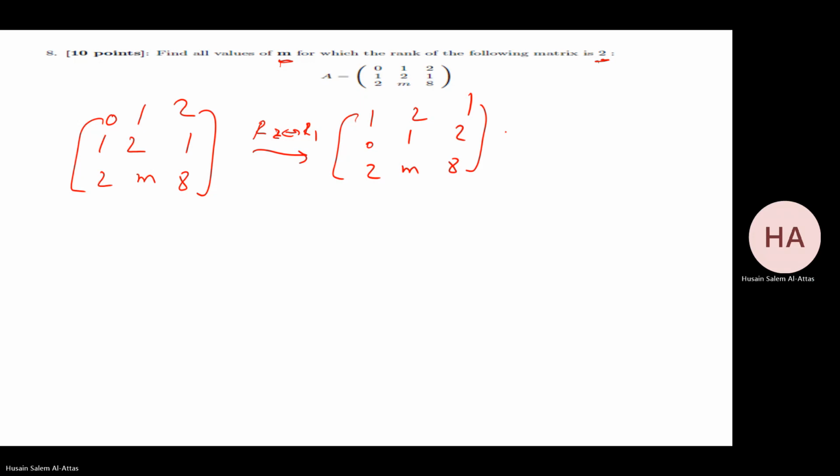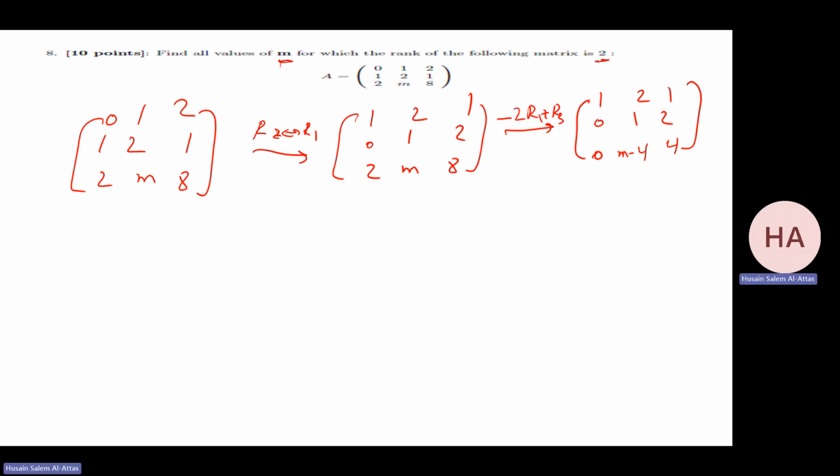Now, multiply the first row by minus 2 and add it to the third row. Be careful with the calculation. Minus 2 and add, that will be 0. Minus 2 and add, that will be M minus 4. Minus 2 and add, that will be 4. Correct.